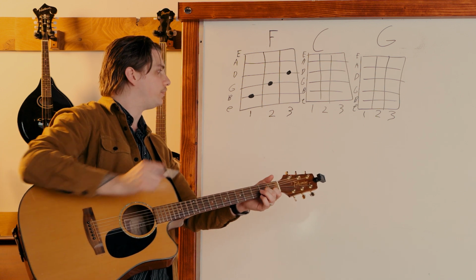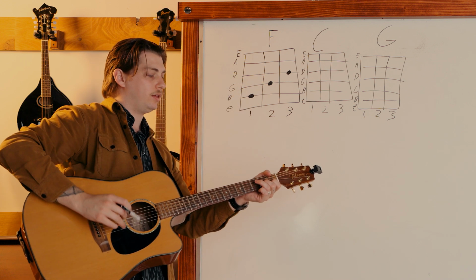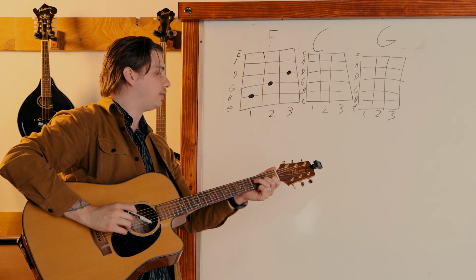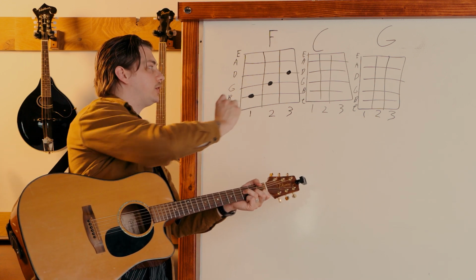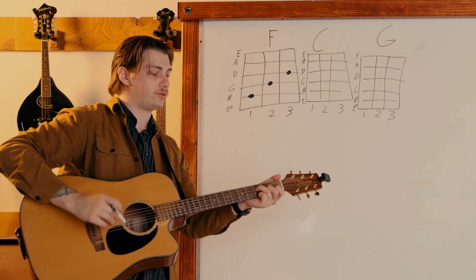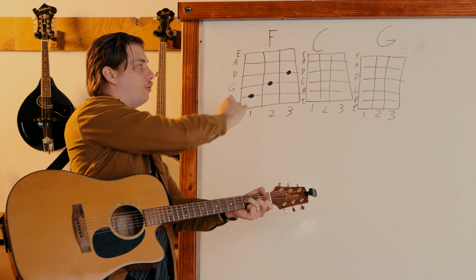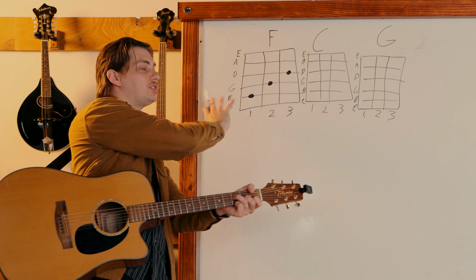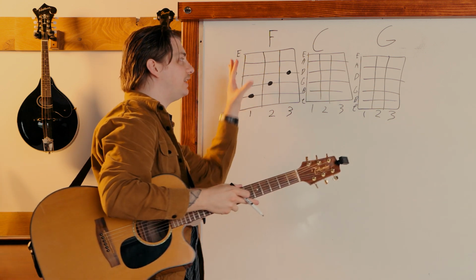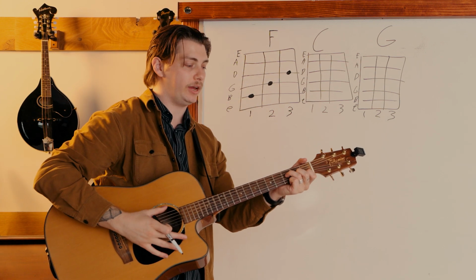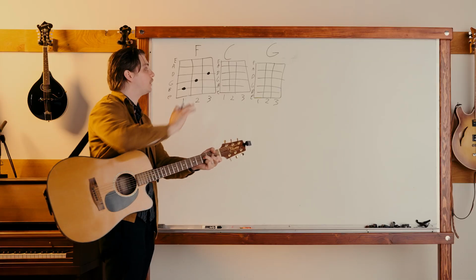My middle finger goes onto this string, second fret on the G string, and this one goes third fret on the D string. And that's my F chord, okay? You see that? So this is just a little picture that explains what chord I'm playing right here, how to play that chord. That's what a chord diagram is.